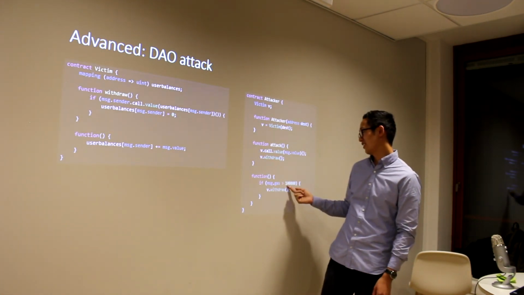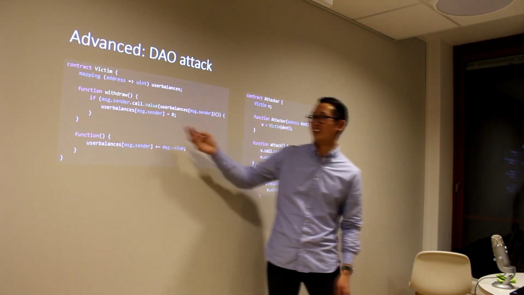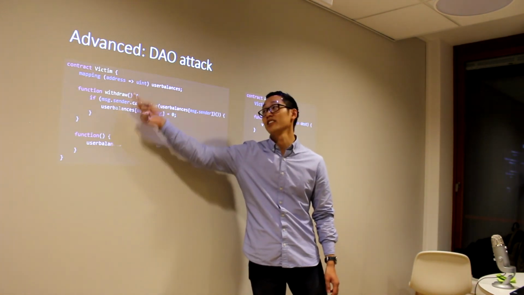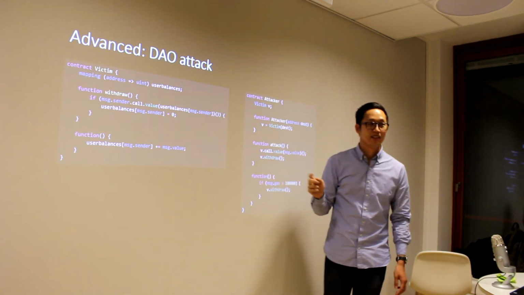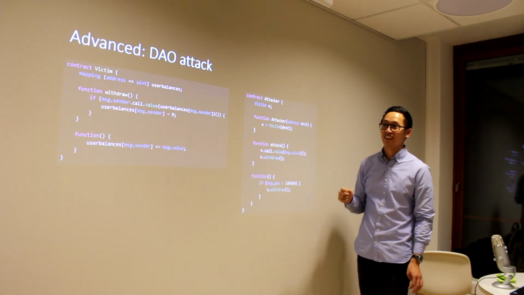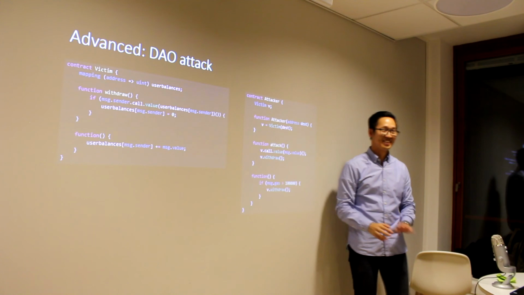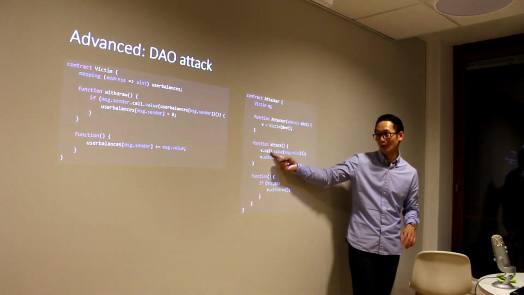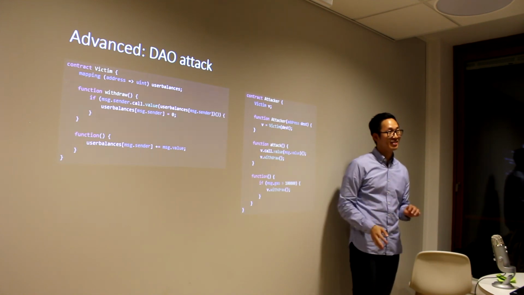And when the gas was lower than 100,000, then it set the balance to 0 in the hash table. So very scary. So avoid using this low-level call if not necessary.